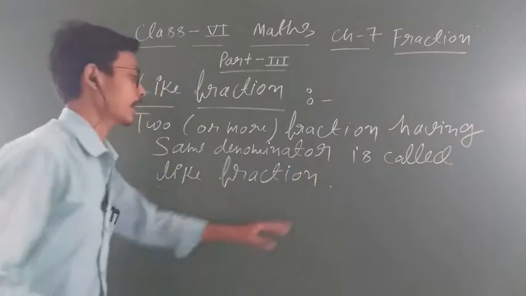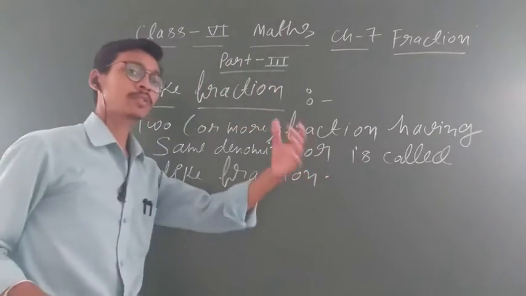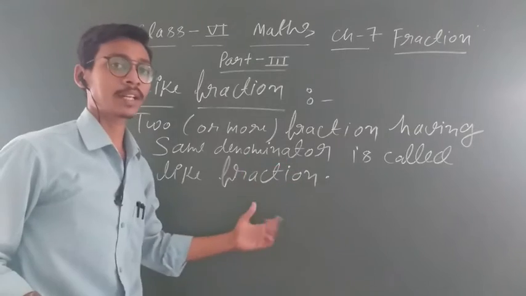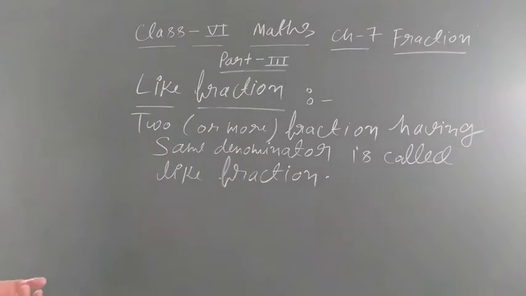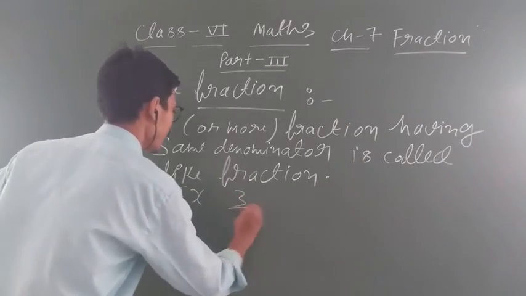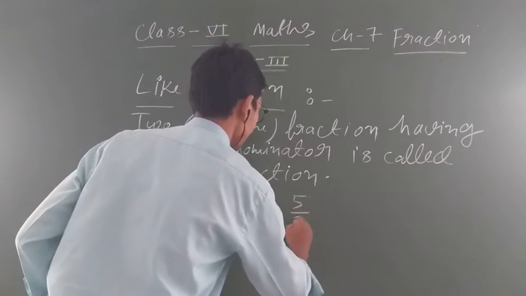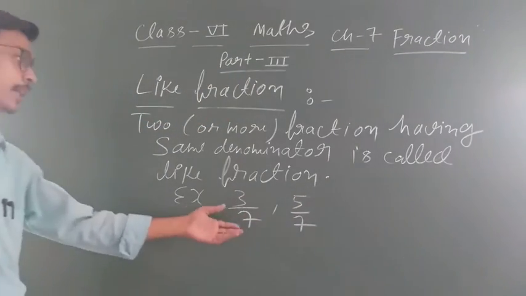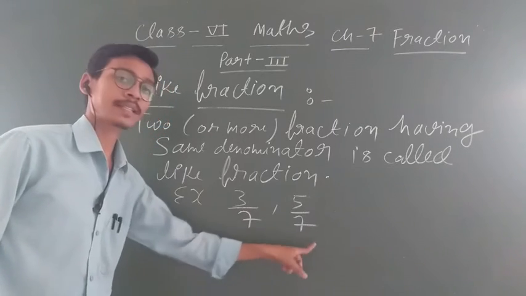Okay student, this is simple. If anyone asks what the actual definition is, many books directly write what a like fraction is and what an unlike fraction is, but this is the actual definition. Two or more fractions having the same denominator are called like fractions. For example, you can write 3/7 or 5/7. See, I am taking only two fractions, but what is the meaning? The denominators are the same.